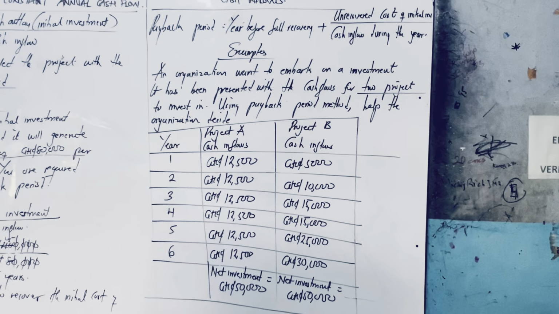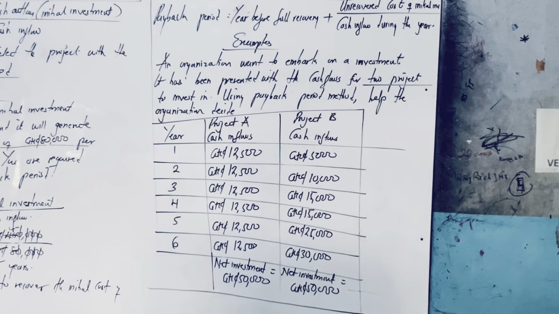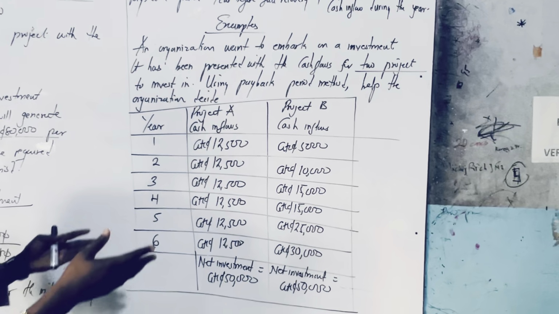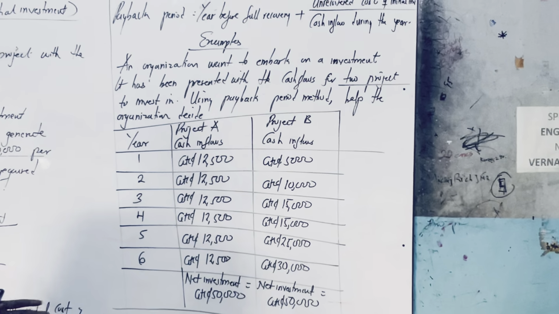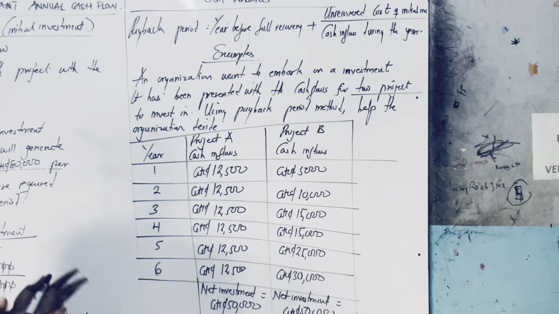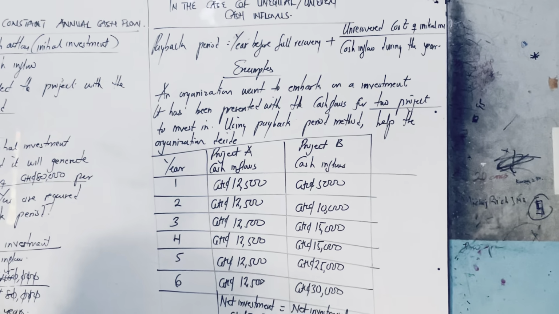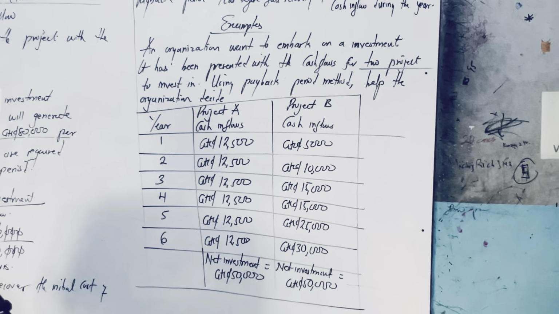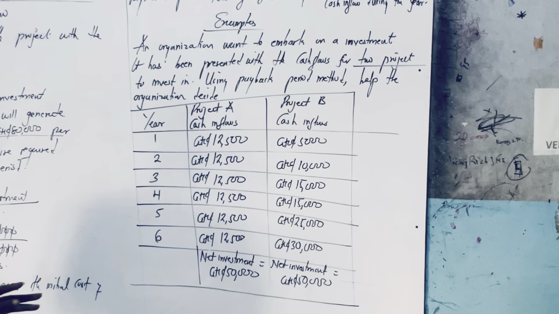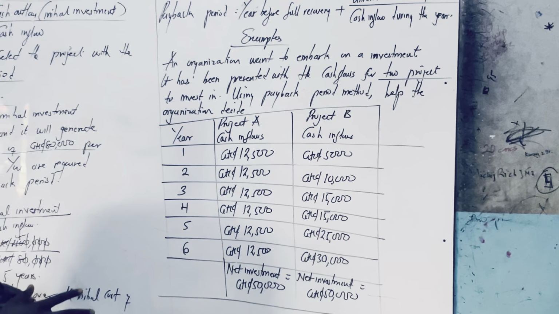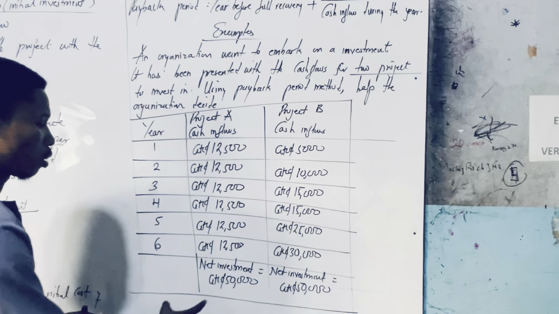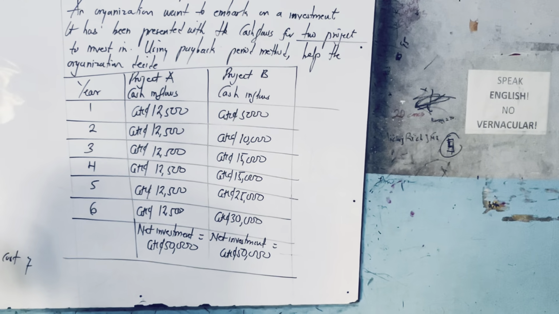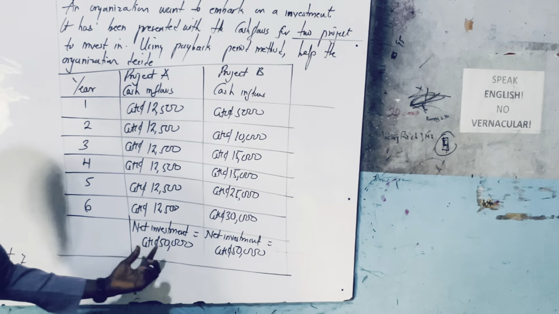Let me give a brief explanation. Now, what do we have here? Let's say you are an investment analyst, let's say a counselor. An organization wants to embark on an investment journey. They are thinking of investing in two projects, Project A and Project B. The initial cost of investment, the money they want to put into the investment plan, is 50,000.